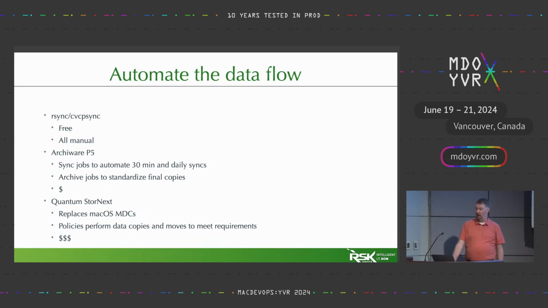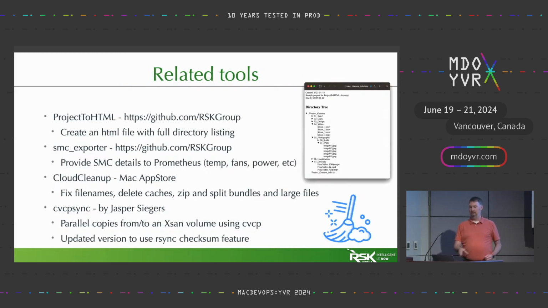All right, so a little bit more in the spirit of the conference. Some of the tools that we've put together or want to mention. We've got a little script up on our GitHub called project to HTML. When we write something to the archive and remove it from the production volume, so it's only in the archive now, we replace the project with an HTML file, which is just a nice tree of everything that was in there.